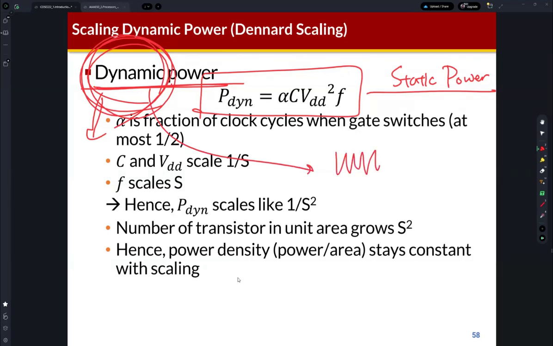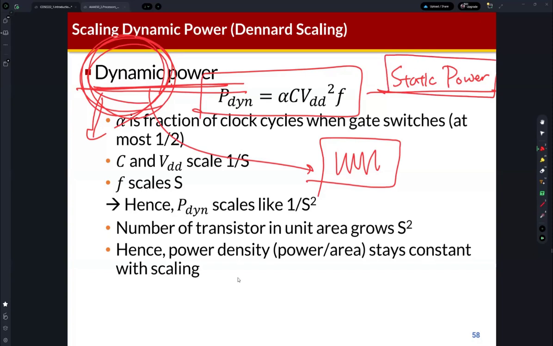If you took the digital logic design course, in order to make some result, we change the voltage level, like 1 to 0 or 0 to 1, high to low or low to high. Then we can process the digital data. So dynamic power means the power consumed by dynamic operation, which means that the digital signal level is changed. When the digital level is changed, dynamic power is consumed.